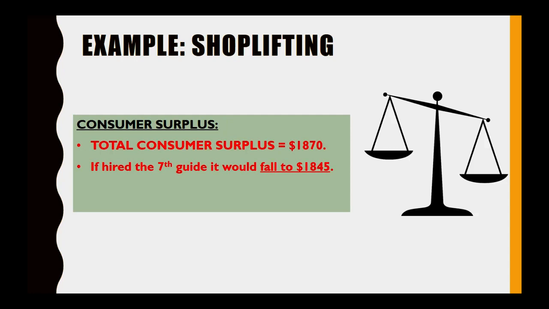But do you agree? If I were to hire the 7th guard, total consumer surplus would fall to 1845, right? Everyone agree with that? Because it's negative for the 7th guard. So I don't hire the 7th guard because it would reduce my consumer surplus, which would be irrational. We would never make a decision where we voluntarily reduced our own consumer surplus. That would make no sense.